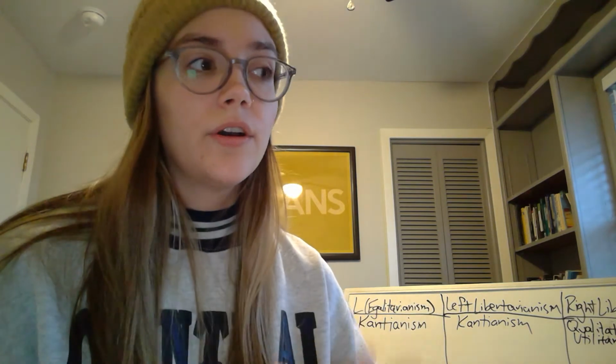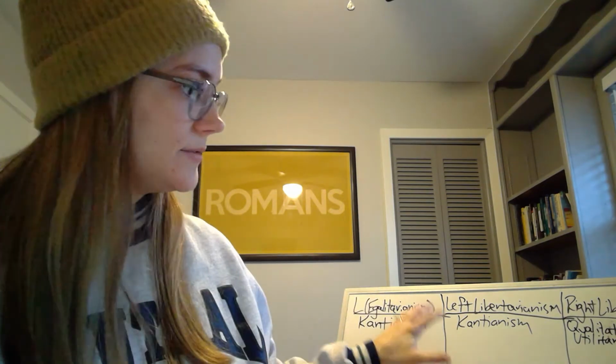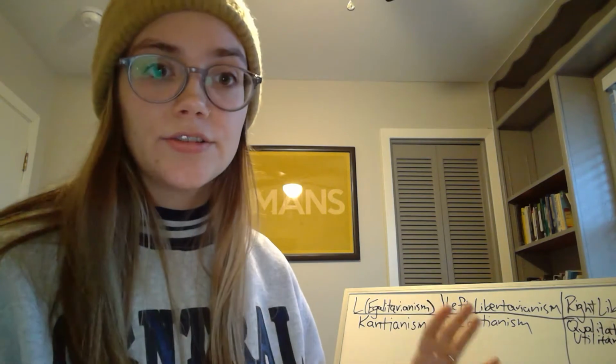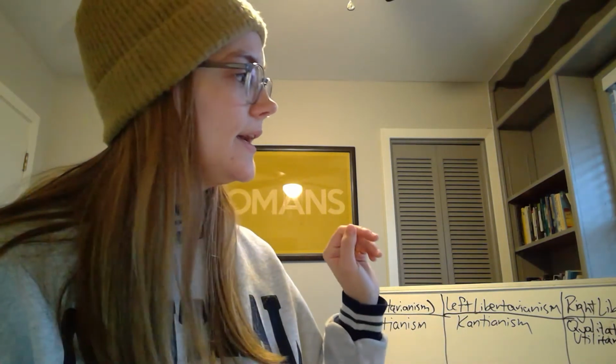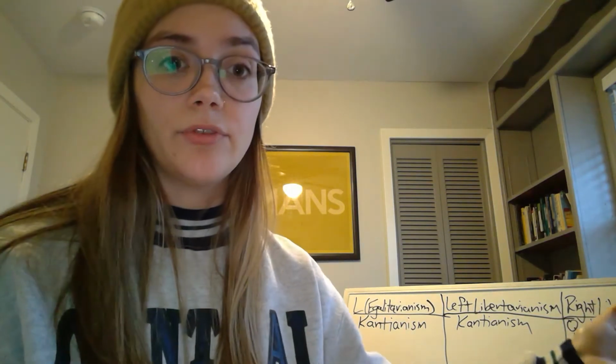Anyways, I just say that to illustrate that Kantianism is based on duty and not super concerned with consequence, and the right is much more concerned with consequence. It's very pragmatic, if you will.